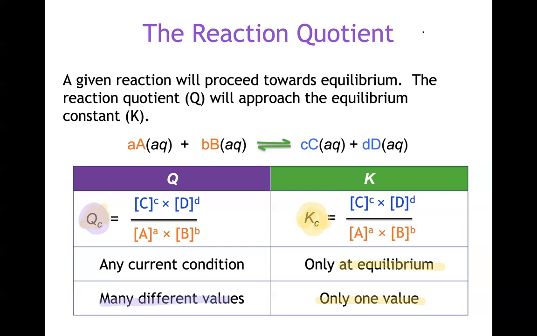Initially, and as the reaction progresses, more products are being formed, but it's not yet at equilibrium. So it's really any conditions, and it'll have many different values for the concentrations of the reactants and products at any given time of that particular reaction other than equilibrium.